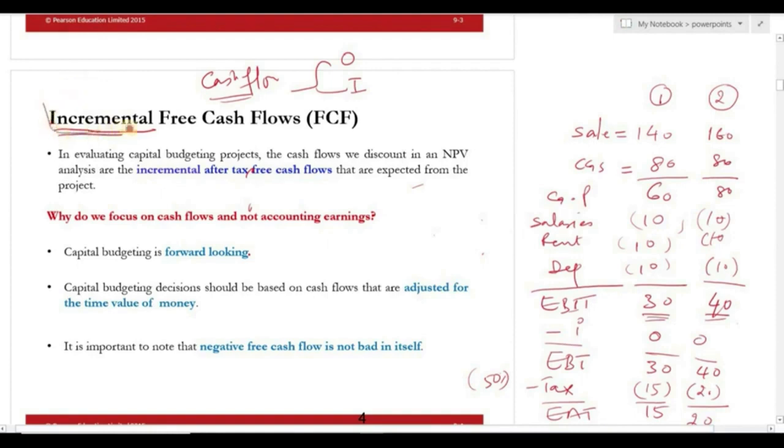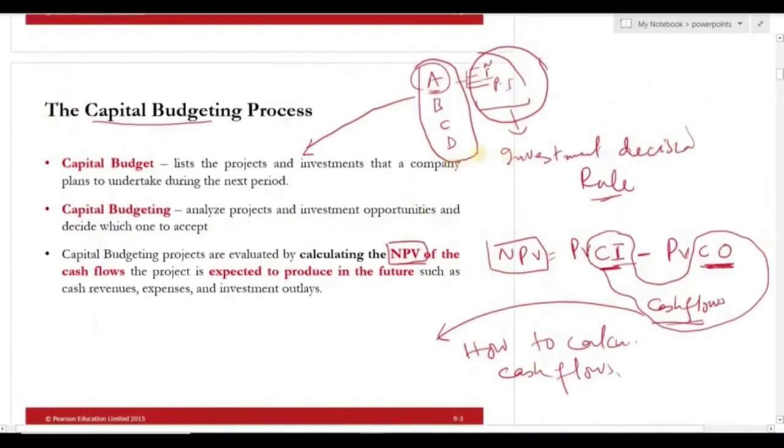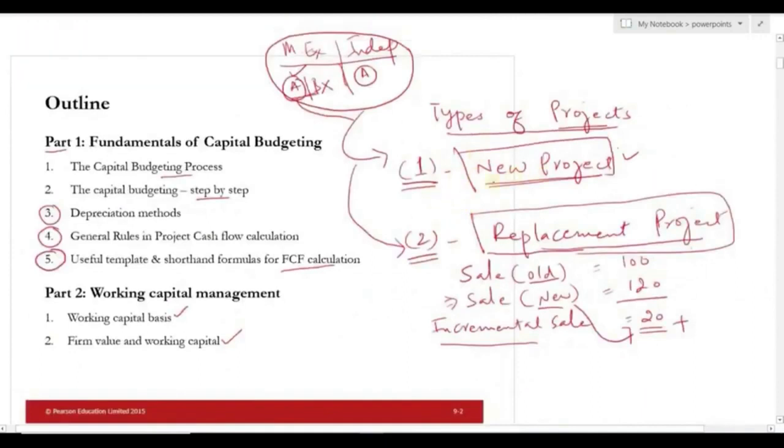For instance, from the previous example, the old project was giving you sales of 100 and the new project is giving you 120.